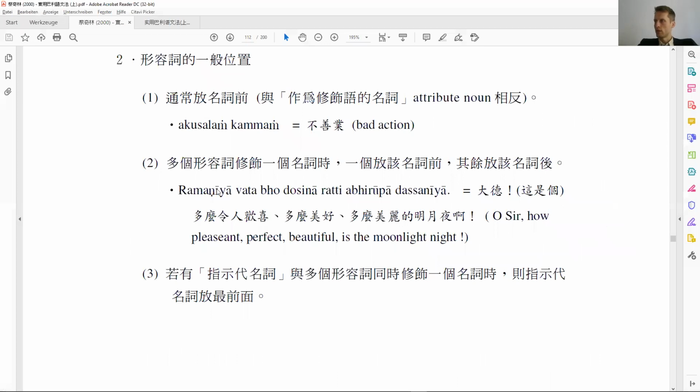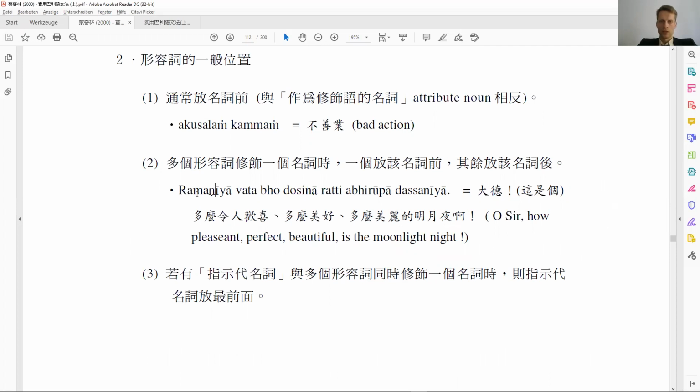For example, here ramaniya and dasaniya, both of which are future passive participles or gerundives or potential participles, which we haven't discussed yet, but just know this: participles can also be used as adjectives and are even lexicalized as such in the dictionary.